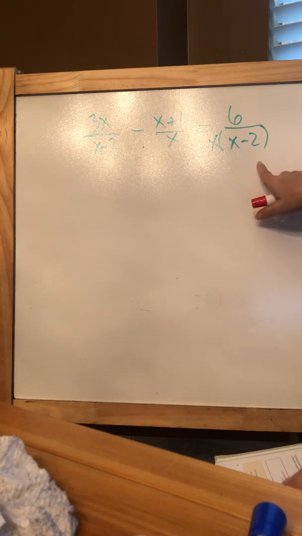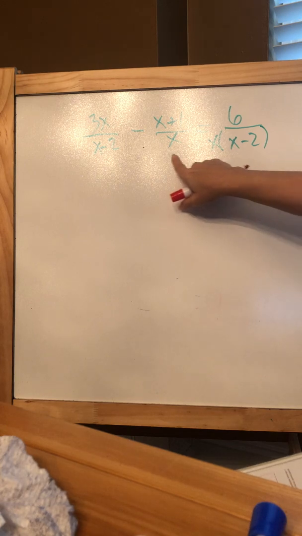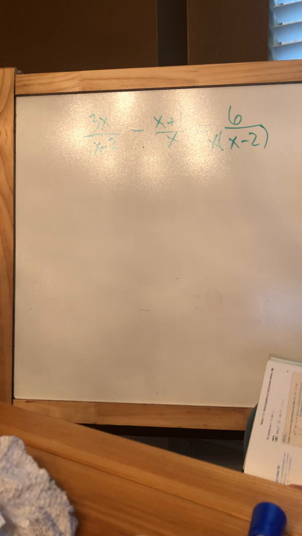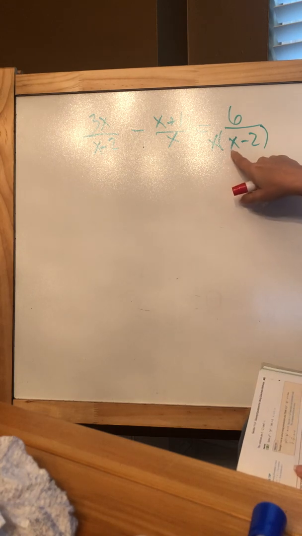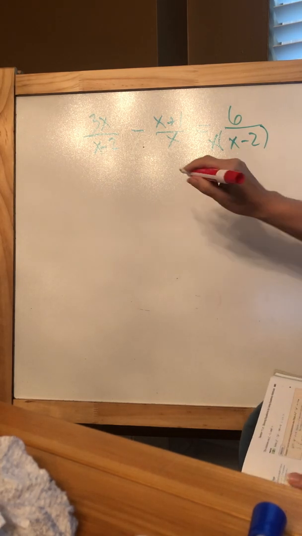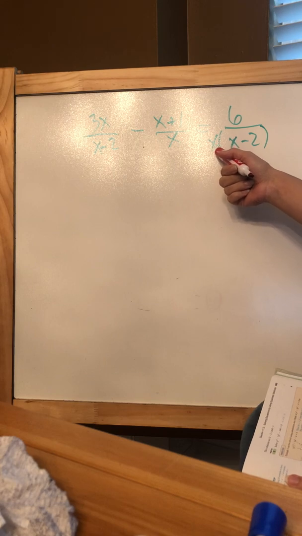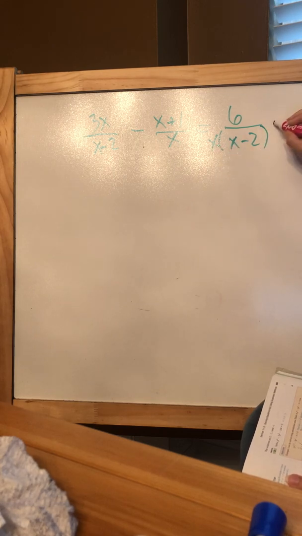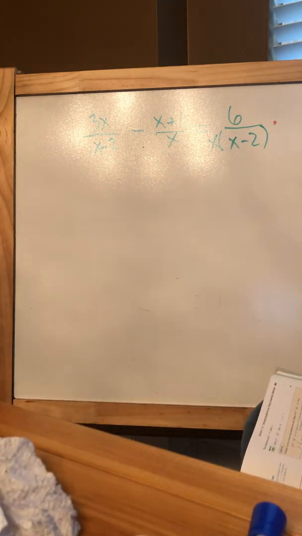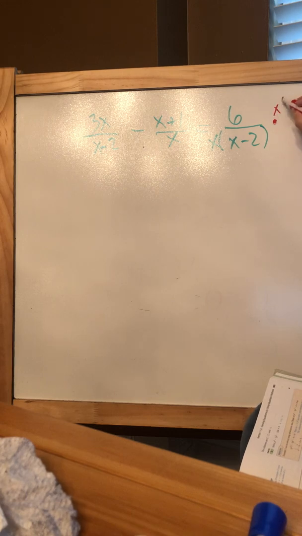All right, so the first thing we need to do is get rid of all these fractions. We need to clear them all. So to do that, we're going to multiply everything by our greatest factor. Okay, so we're multiplying everything times x minus 2. As you're writing this, if you think in your head, you're actually multiplying x times x minus 2 over 1.